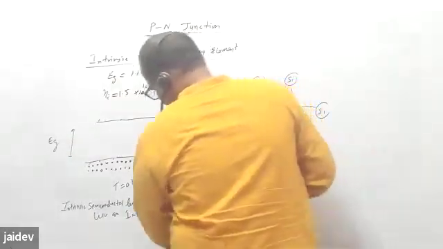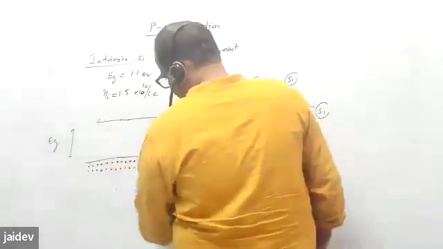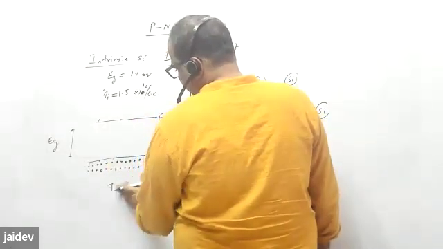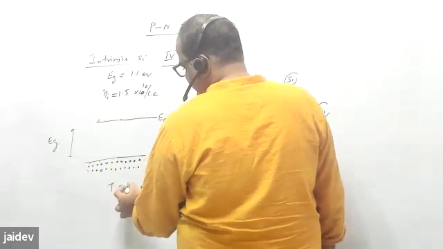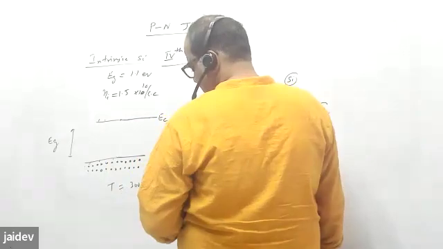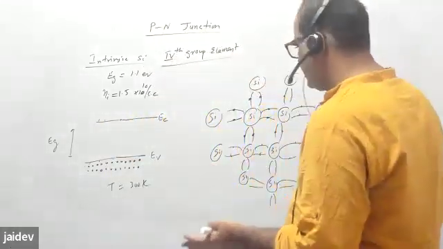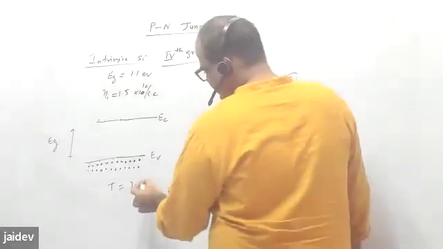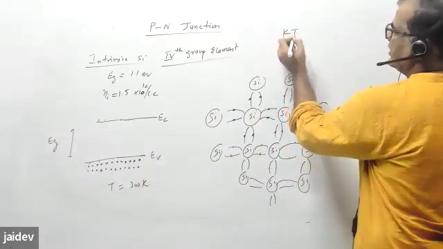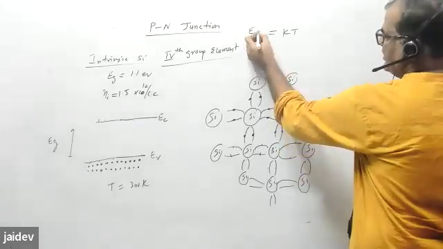Say, for example, if I make T greater than 0 Kelvin, or say I am plotting at room temperature, 300 Kelvin, and I supply energy, this energy is equal to kT, the thermal energy.